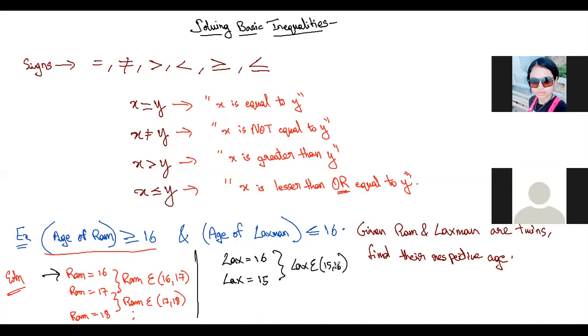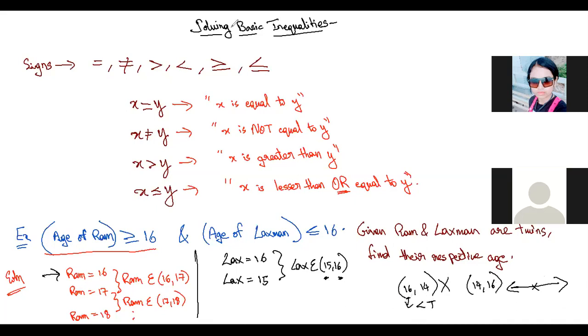Now, please note, whenever you write an open interval, on the left side you write the lesser term, and the right side we have to write the bigger term. You cannot write an interval like this. This is wrong. You have to write the smaller number on the left hand side, greater number on the right hand side, just like in the real number line you plotted in your school.